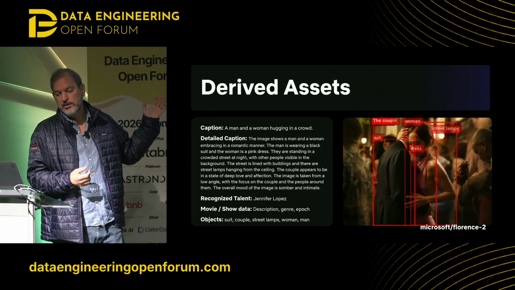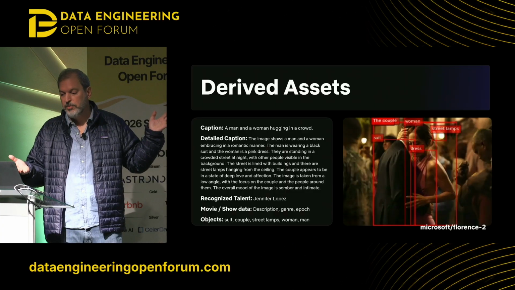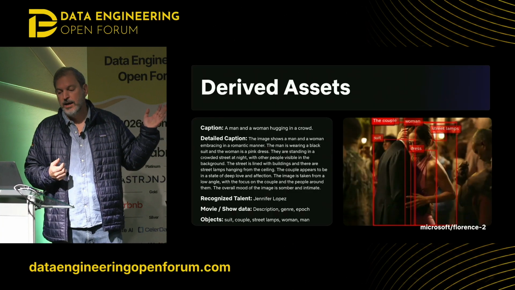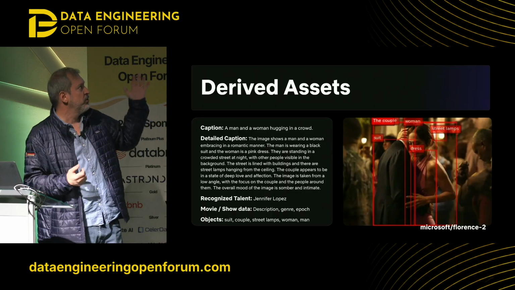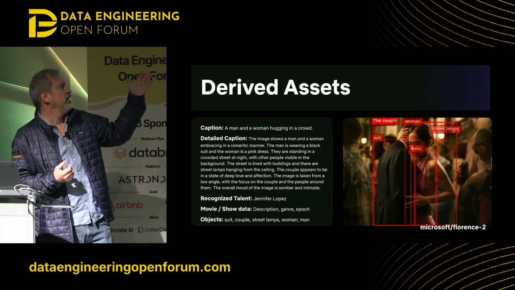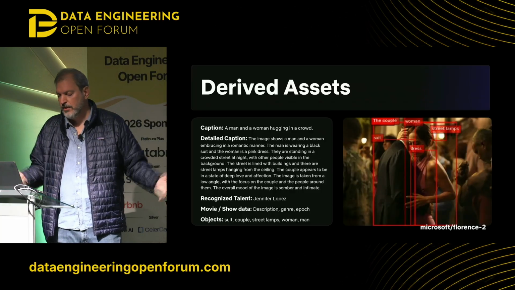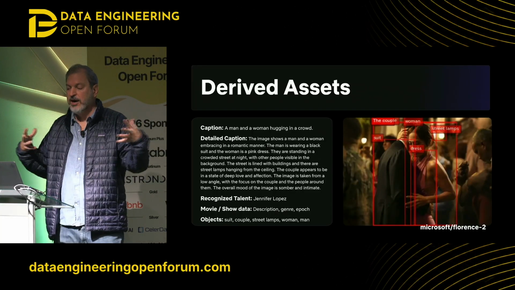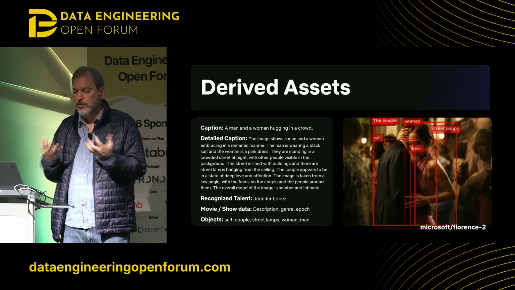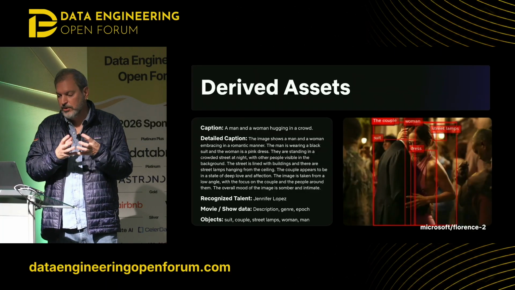So we can annotate the talent, in this case, Jennifer Lopez, instead of a woman. And we can also capture the show and who is present, at what time, and what scene. So it's very, very useful to aggregate and keep adding to the pool of data that started initially with just images.